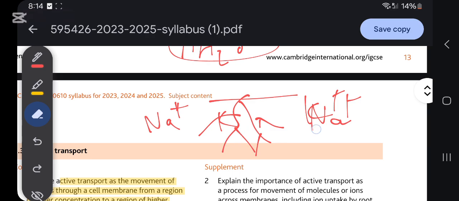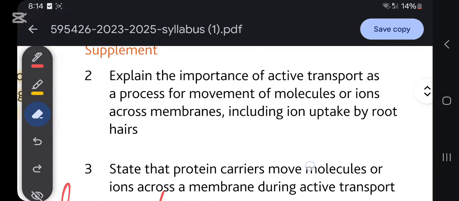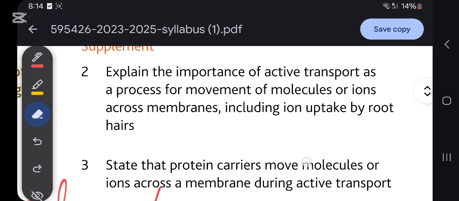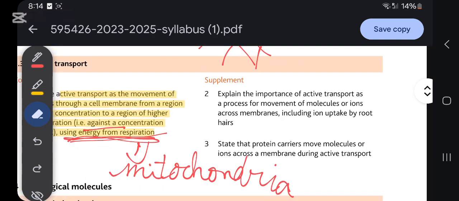It's going to take it against the concentration gradient by active transport. Another importance is the uptake of glucose by epithelial cells in the villi of the small intestine. And then by the kidney tubules: in the nephron they reabsorb all of the glucose and most of the water.